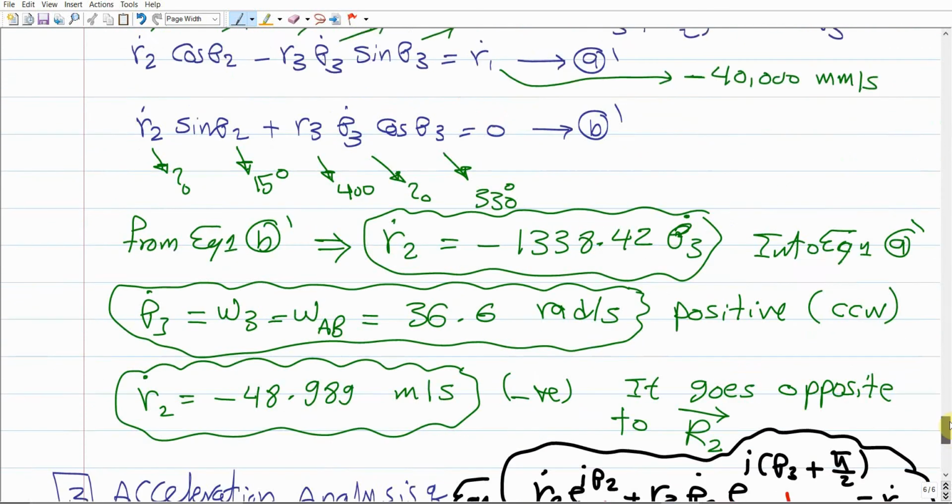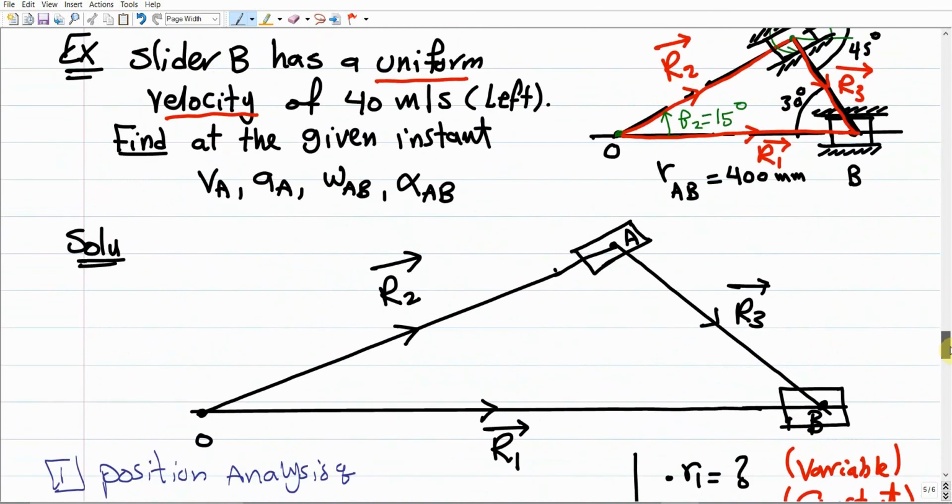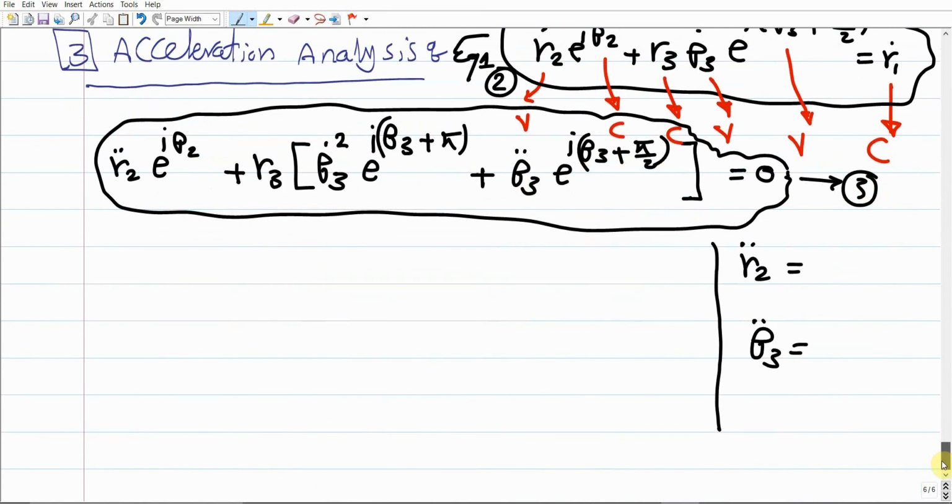This is the position vector that describes the motion of the slider A. So R2 belongs to the slider A. It means that R2 double dot is the sliding acceleration of slider A. Do you have the sliding acceleration of slider A? No. So R2 double dot is unknown. This is one of the unknowns.